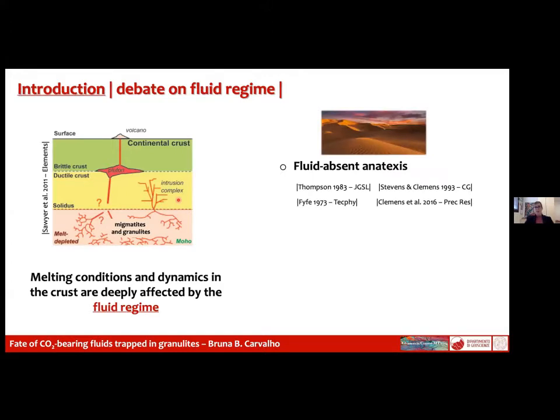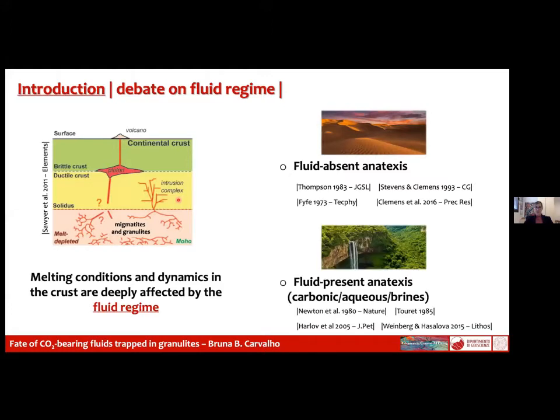On one side, there are works arguing for predominant fluid-absent anatexis, and there are other works that consider fluids, either carbonic, aqueous, or brines, as essential agents in high temperature metamorphism and anatexis. These works consider the presence of a fluid during the prograde path or at metamorphic peak conditions.